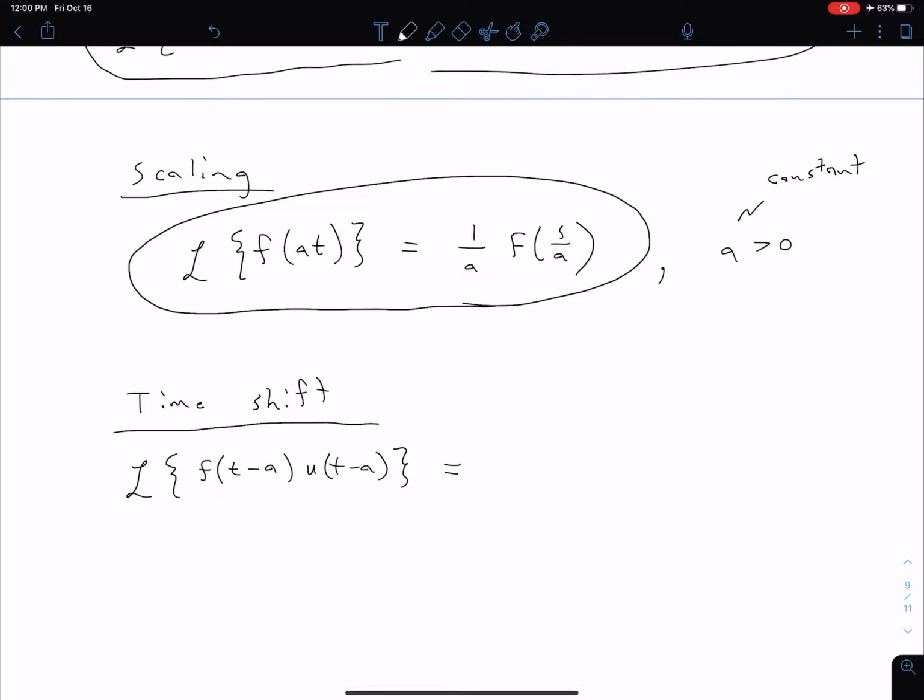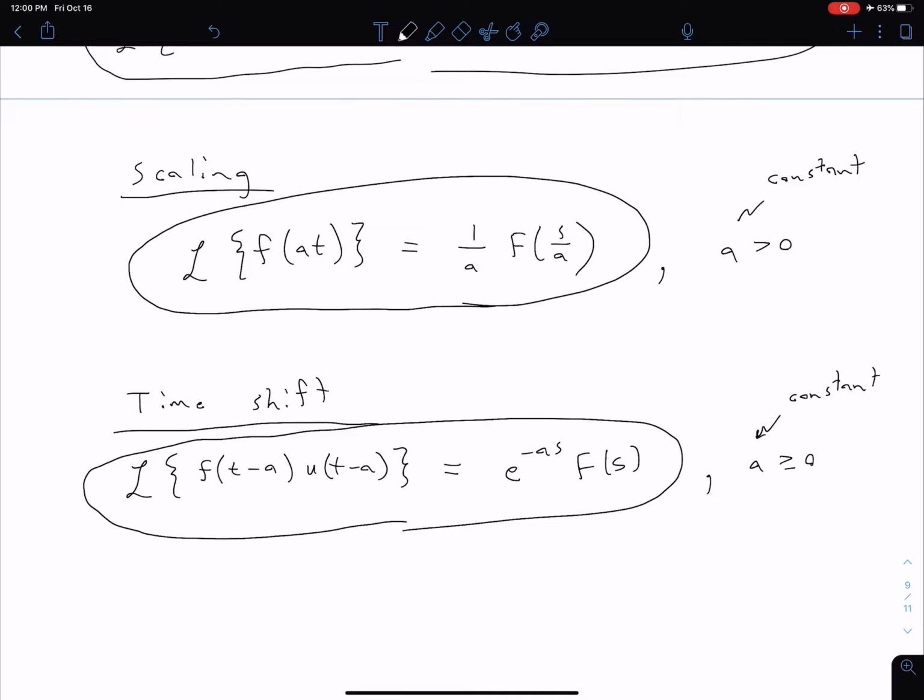What this gives us is e to the minus as times F of s. In this case, a is again a constant, greater than or equal to 0. So that's how we deal with time shifts, or shifts in the time domain.